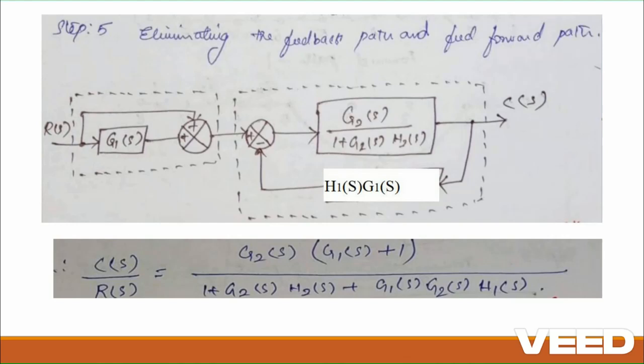One more important thing: if there is no block present on R(s), we can consider that as a unity feedback system. So it becomes 1 plus G1(s). Now these two are in series, so we can simply multiply. We get the equation C(s) by R(s), which is G2(s) divided by 1 plus G2 into H2(s) plus G1(s) G2(s) into H1(s), whole multiplied with 1 plus G1(s).